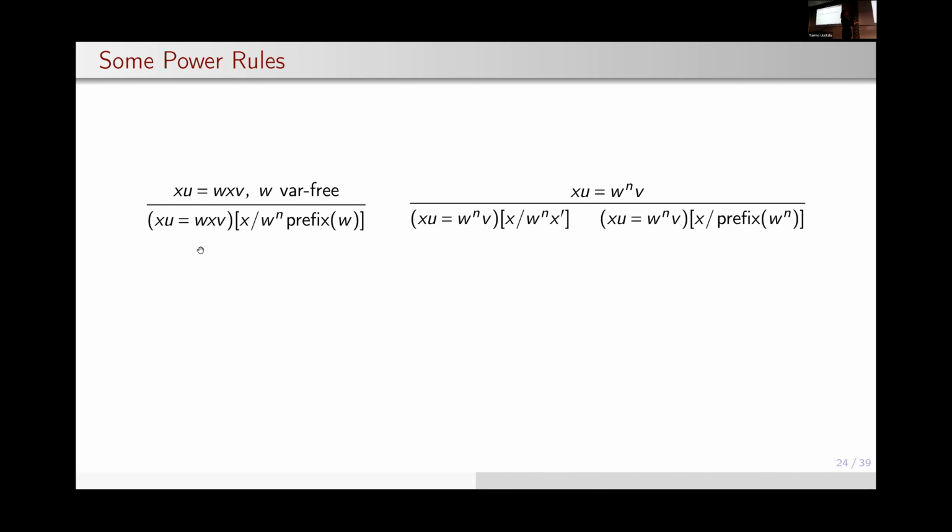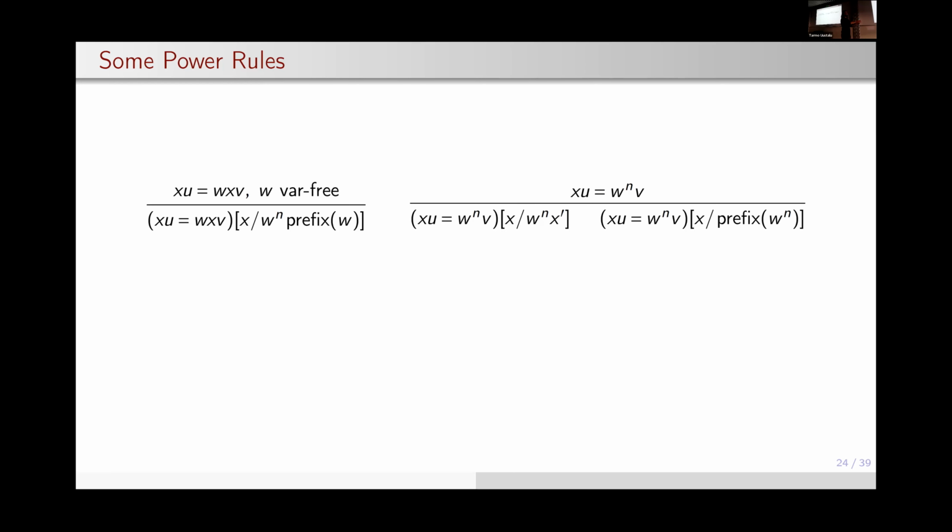Then we can just introduce here the power. And for example, if we have a power on the right-hand side, and we just compare it against the variable, well, we can still split who is bigger, who is the prefix of the other one. Either the whole power term W to the n is a prefix of X, or well, we just split again.